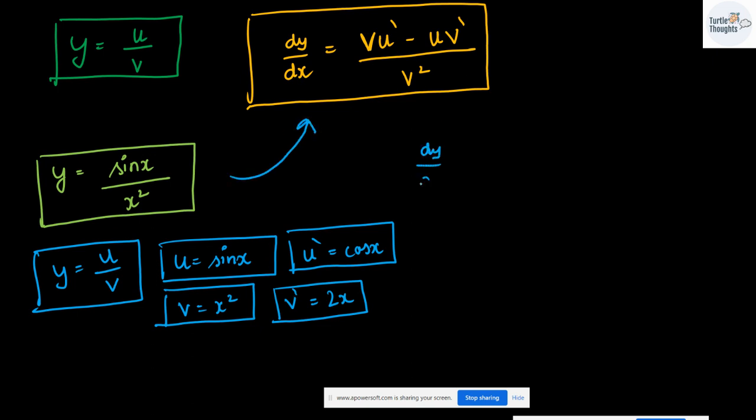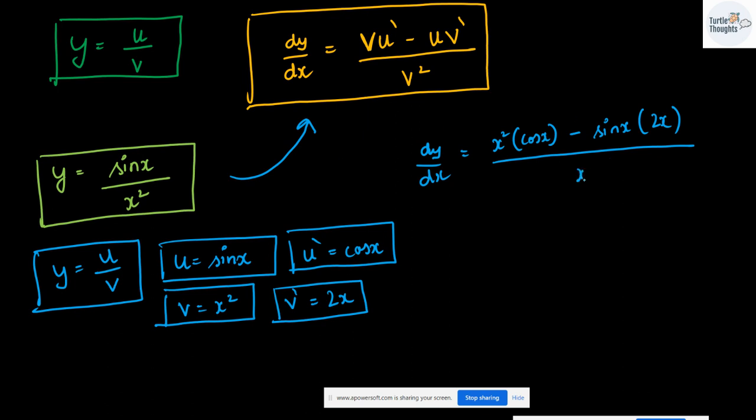dy by dx is going to be equal to v multiplied by u dash. V is going to be x squared multiplied by u dash. U dash is going to be cos x, minus u, which is sin x, multiplied by v dash, which is going to be 2x, whole divided by v square.